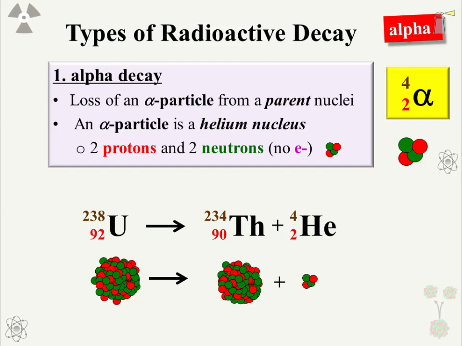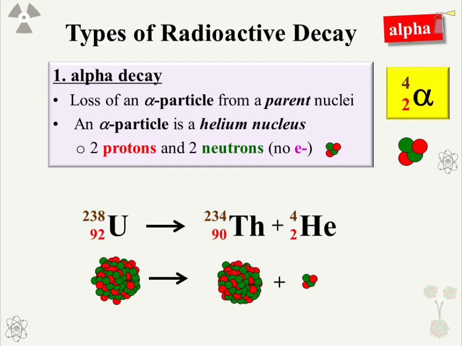Slightly smaller since it has 2 less protons and 2 less neutrons. The element that has 90 protons is thorium. Uranium has changed into thorium through alpha decay. Later in the lecture, we will talk about why this is a balanced nuclear equation.